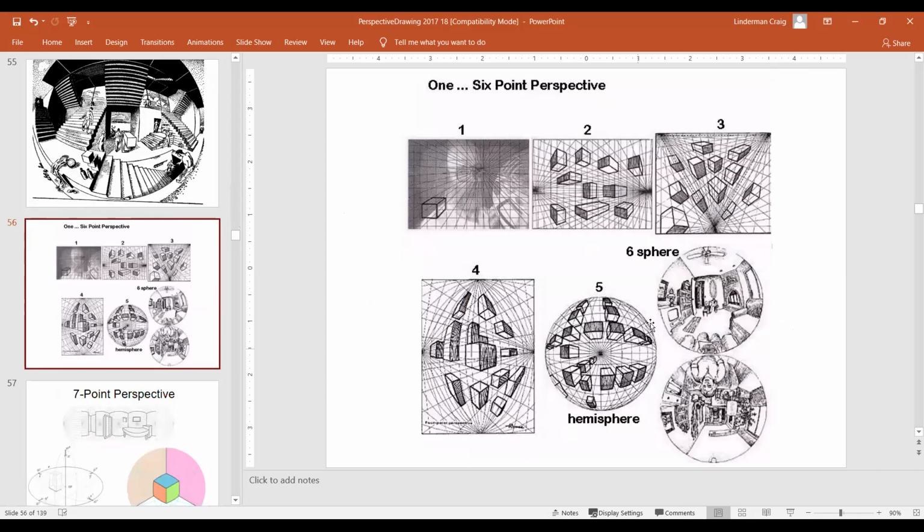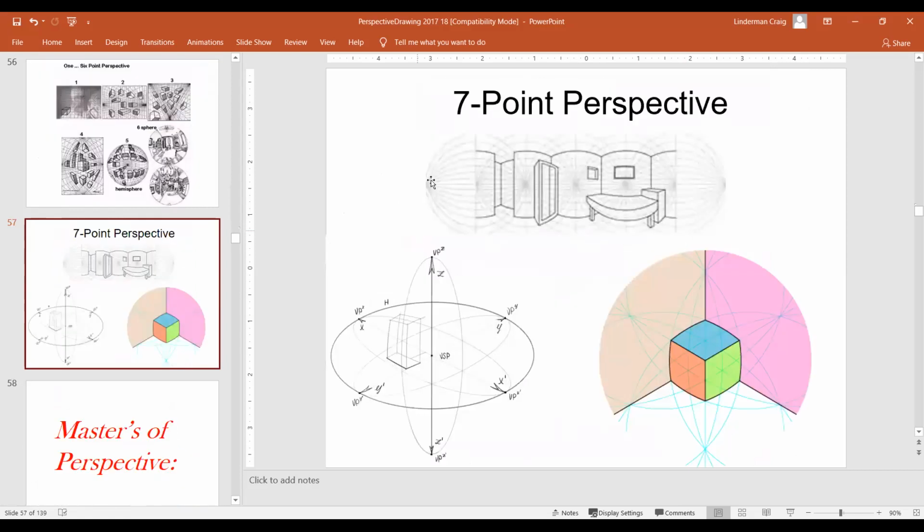But it goes on. There is 6-point perspective. Oftentimes you'll see 6-point done on, say, a sphere, where people will paint on top of a basketball. We have a north and south pole, like our Earth, and around the equator, you have 4 different points, all at 90 degrees, and then also a center point. So you could have 6 points. There's 7 points, which can be done in different ways.